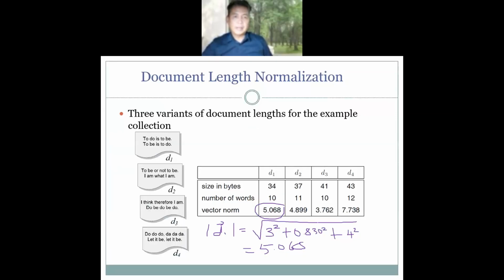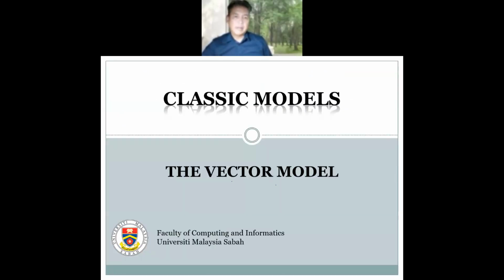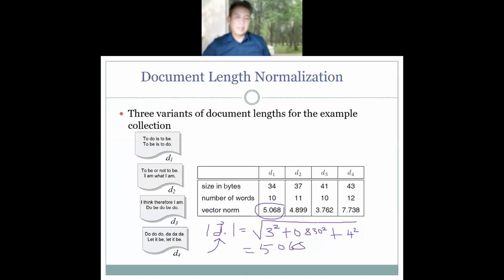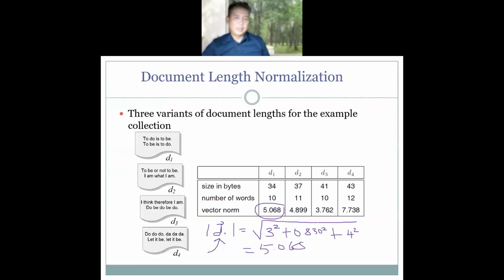Okay. Since we are talking about the vector here, we will shift to the vector model. So basically, they are using the concept that we have left here. Each document is represented as a vector of weightage.